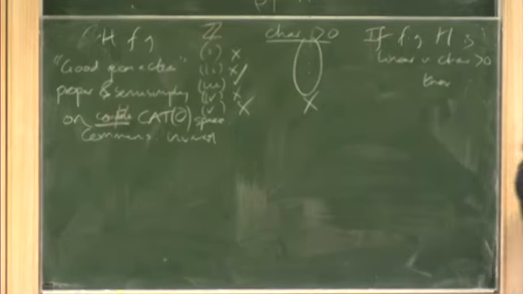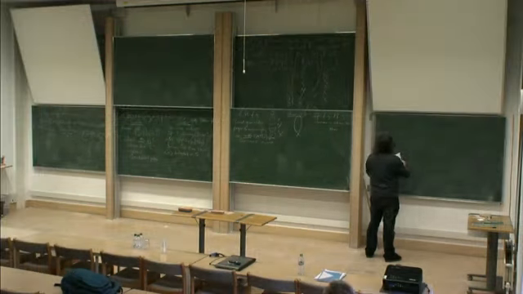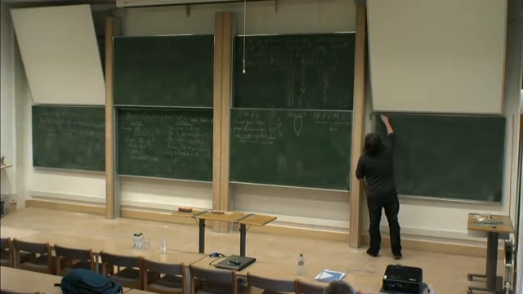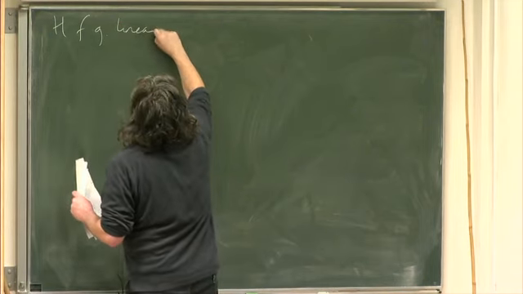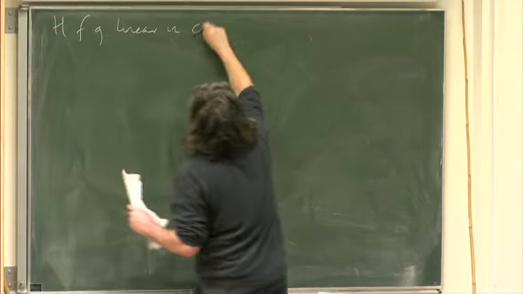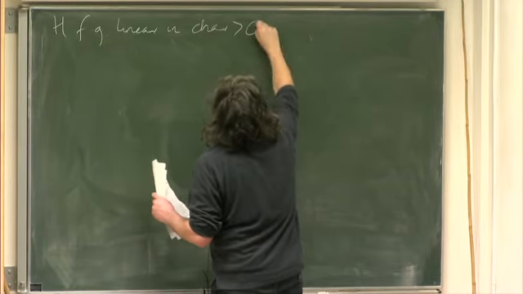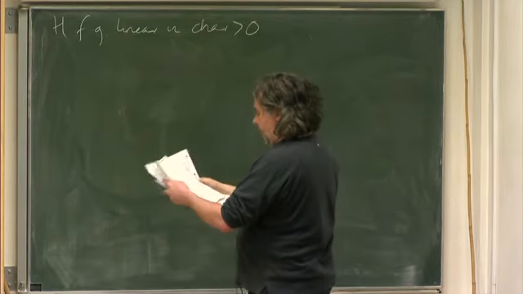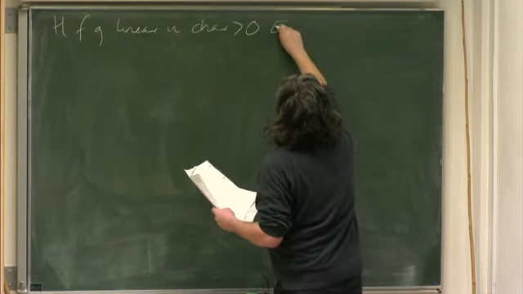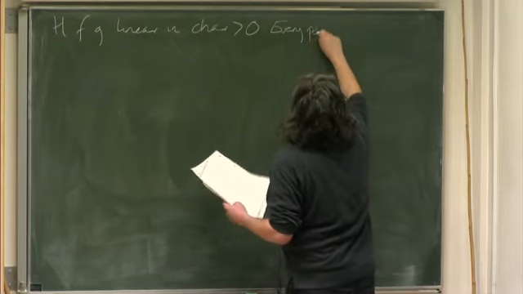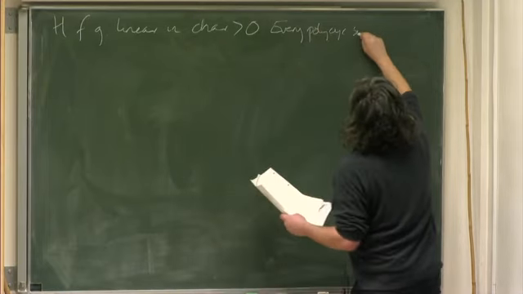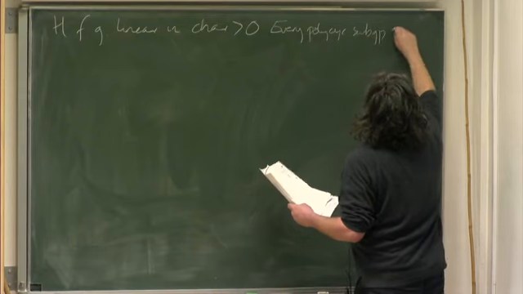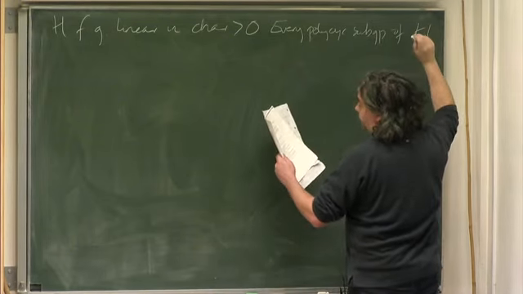So, okay, what are we trying to prove? For part 1, H is finitely generated and linear in positive characteristic, and we want to show that every polycyclic subgroup of H is virtually abelian.